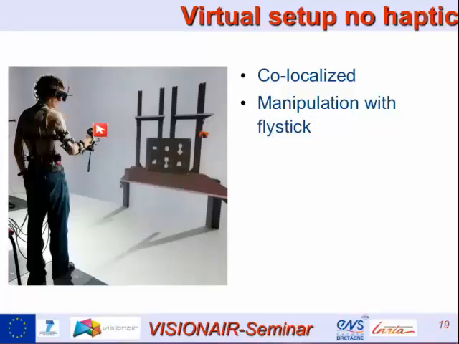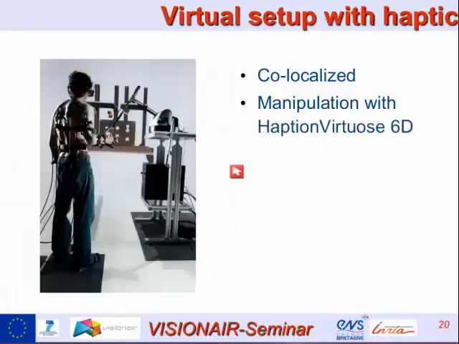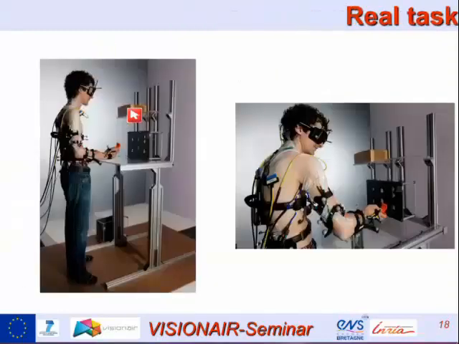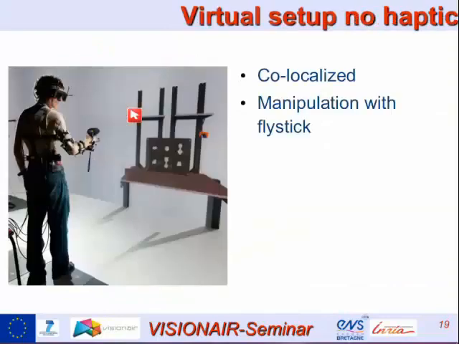And here the manipulation is with a flystick. And then we also tried with a haptic device to see if haptic feedback helps or not in doing the activity and changes or not the motion during the task. So we have a real setup, a virtual one without haptics, and a virtual one with haptics.